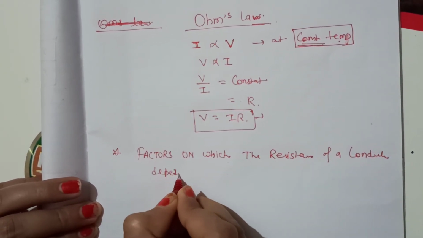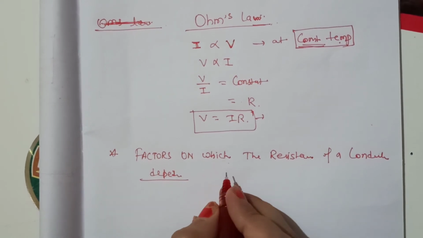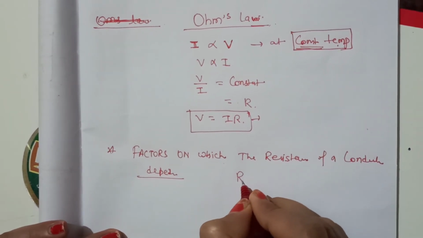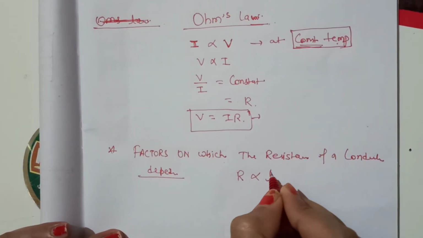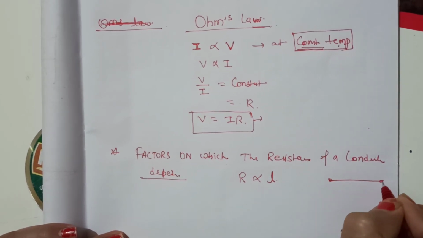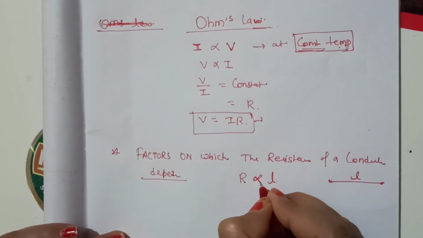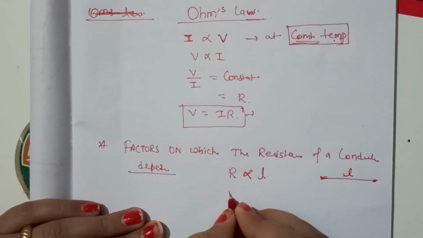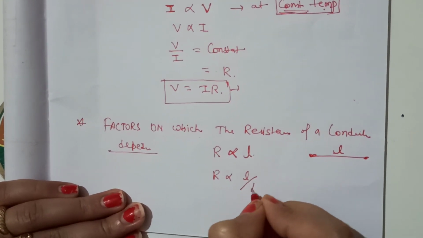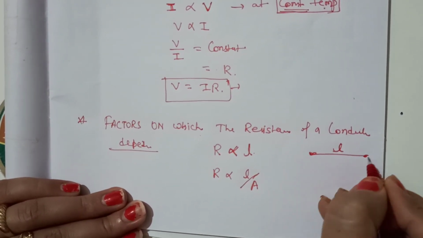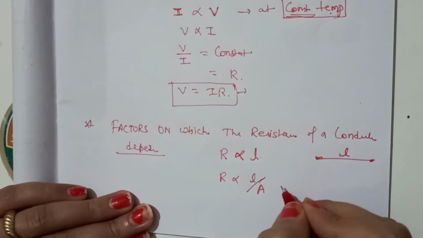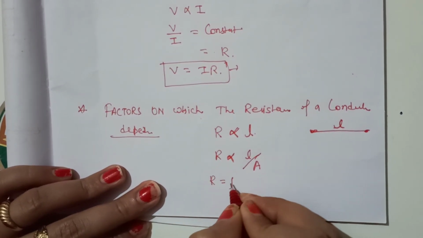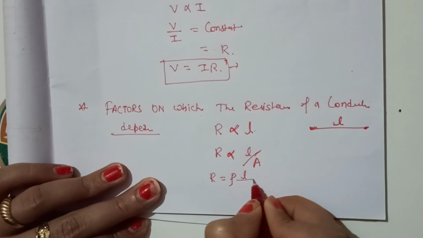Resistance is directly proportional to the length of the wire, suppose a wire of length L. And resistance is inversely proportional to the area of cross section of that wire. Removing the proportionality constant, we write R equals rho L by A.